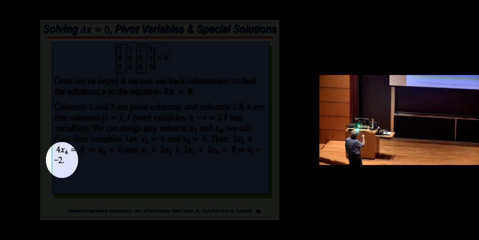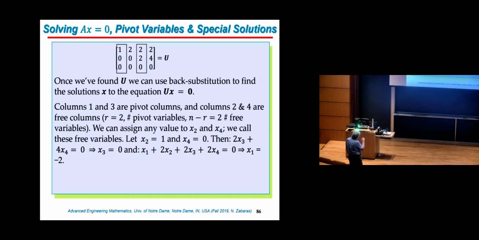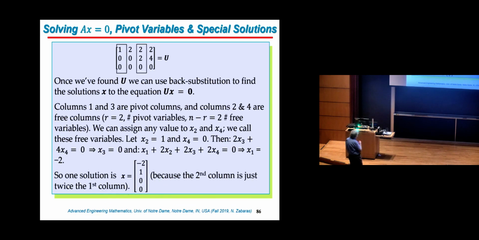So if x4 equal to 0, x3 is equal to 0. And then if you take the first row, Ux equal to 0, you're going to have x1 plus 2x2 plus 2x3 plus 2x4 equal to 0, right, which is here. And if x2 is equal to 1, so this is minus 2, and this is 0, then x1 is minus 2.